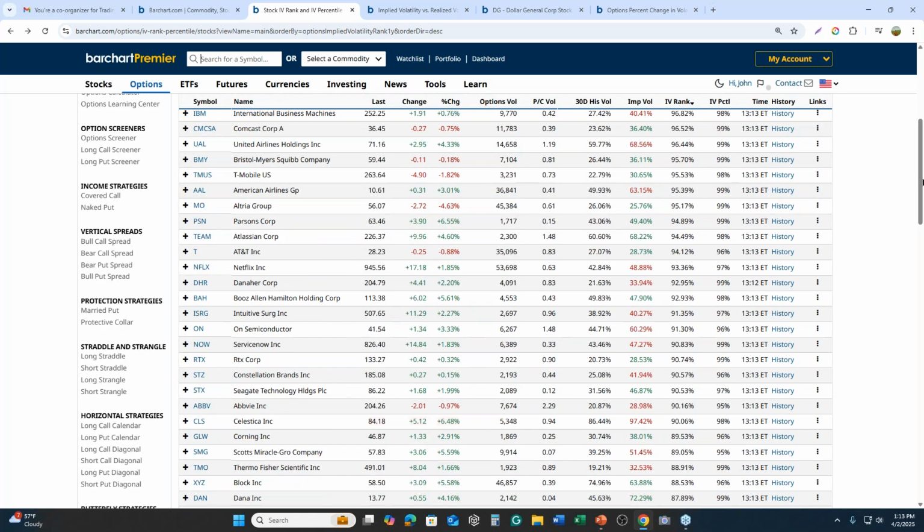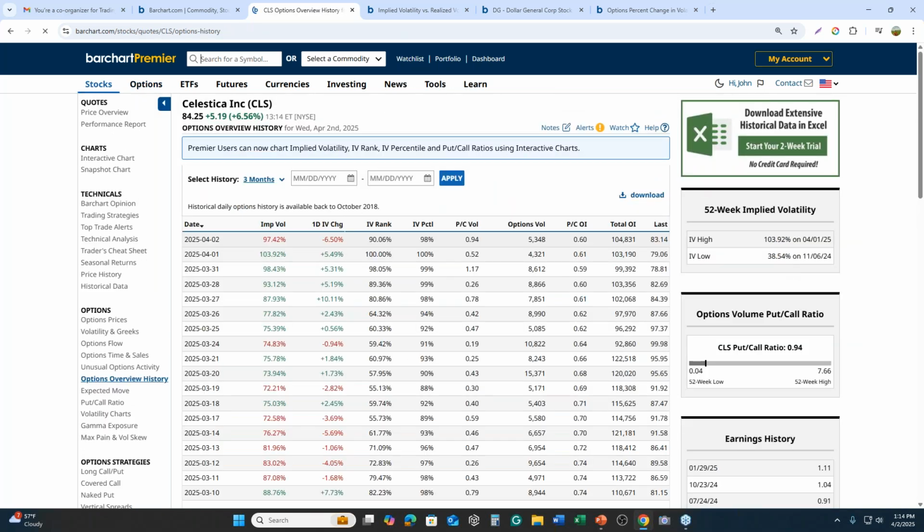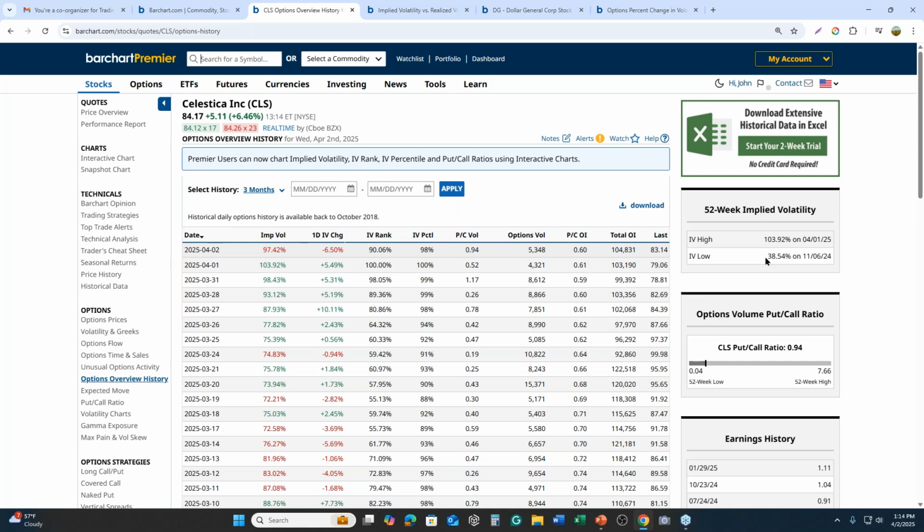Now, let's go to another market, and this is where I'll make that point. This stock yesterday was at 100 and 100. So let's go to history. And we can see that our range in implied volatility here on the right-hand side goes from 38.5 to almost 104. So what's that, about 65, 66 in terms of a range of implied volatility.